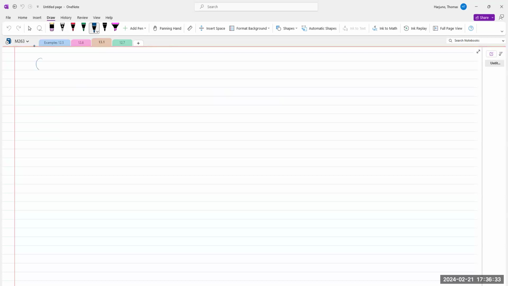Now, chapter 13 is on vector functions. Section 13.1 is vector functions and space curves.